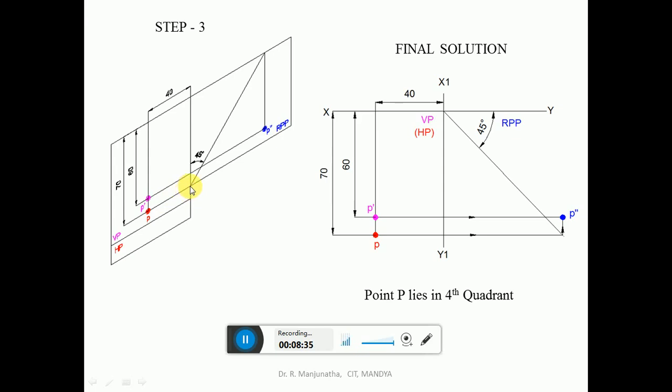But when you draw a 45 degree line here, this vertical distance is transferred into this horizontal distance of 70 mm and then projected back again onto the below HP line, which has been projected from the top view, front view. So that point is going to become P double dash. Both P dash and P double dash are going to be on the same line. So this is going to be the left side view.